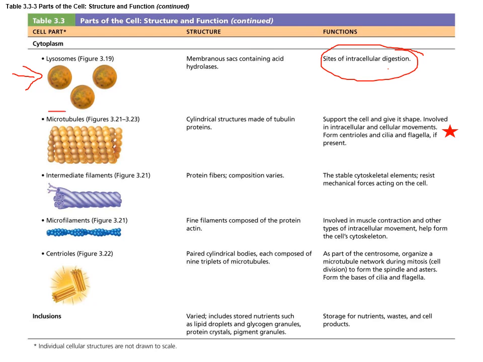We see our cytoskeleton, which I did not mention in the image before, but here is the microtubules, intermediate filaments, and microfilaments. These are all protein structures that are important for the overall shape and structure of the cell. They can also be used for the formation of cilia or flagella, and also for scaffolding to allow for intracellular movement.